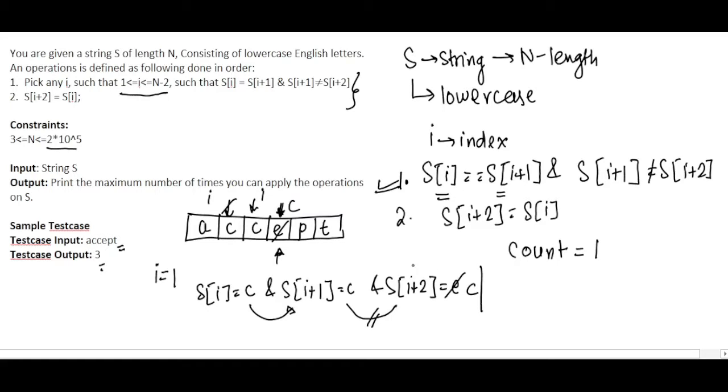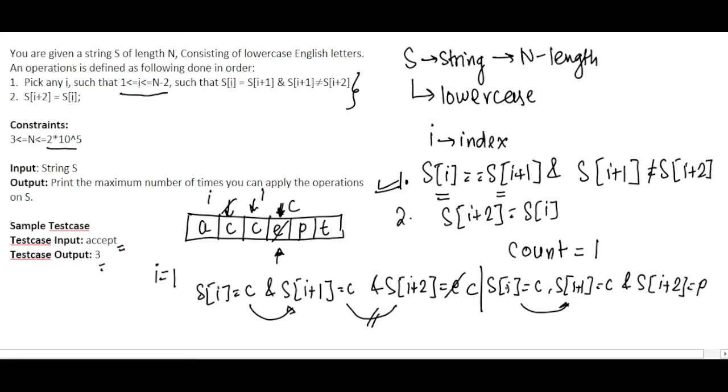operation. Now when we do it a second time, then s of i is again c, s of i plus 1 is again c, and s of i plus 2 is equal to p.